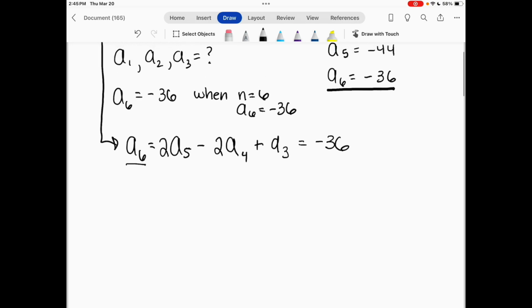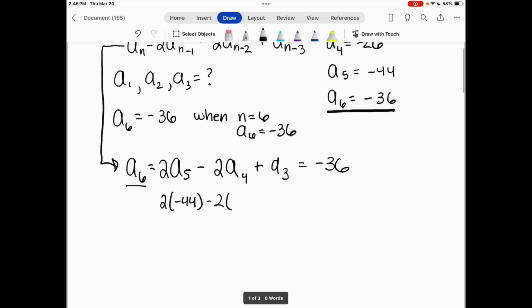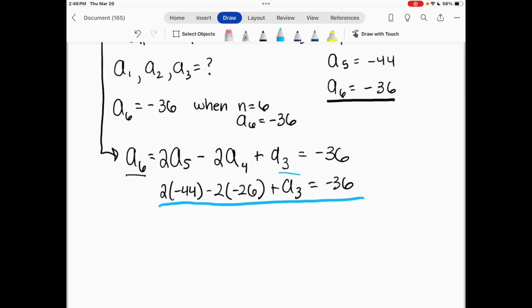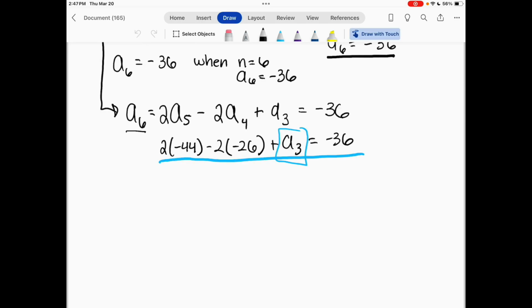So since we're given that a5 is negative 44, I have that 2 times negative 44 minus 2 times a4, which we know is negative 26, and we have plus a3. We know all that is equal to negative 36. So what we have here is an equation that I can use to solve for a3. When we solve for a3, we get 0.